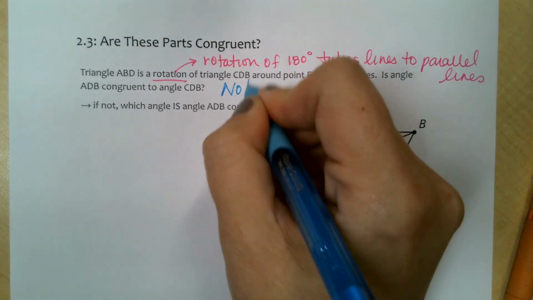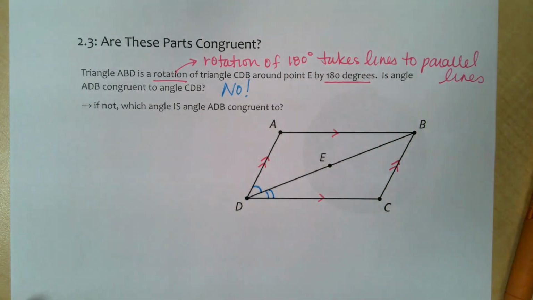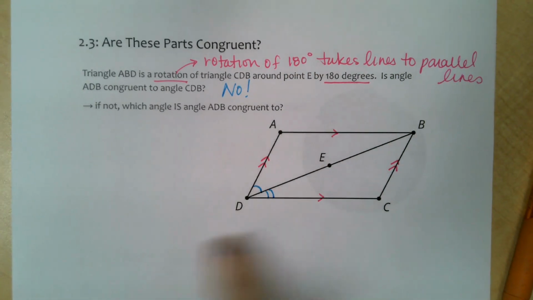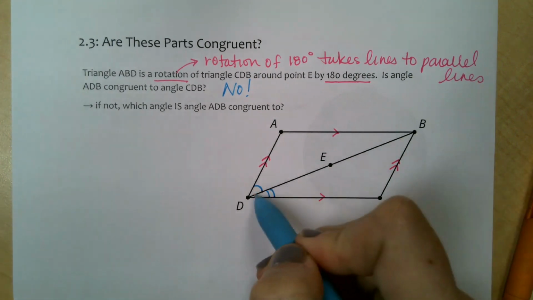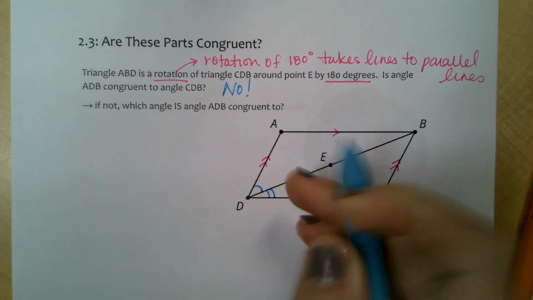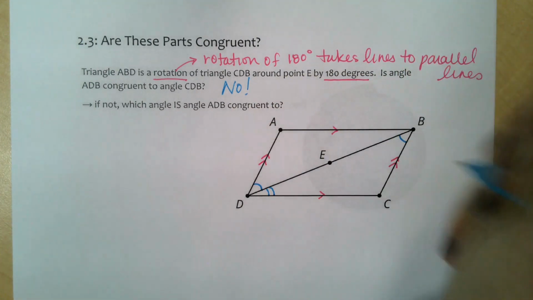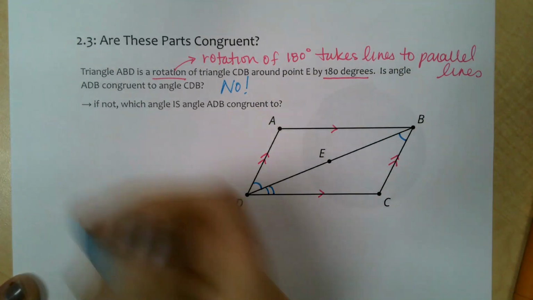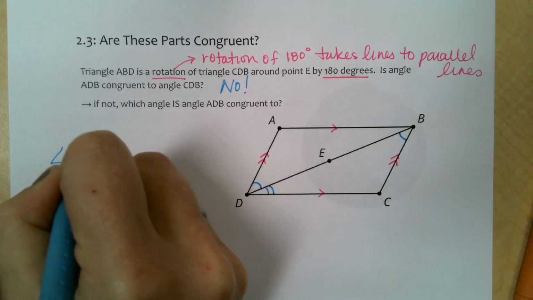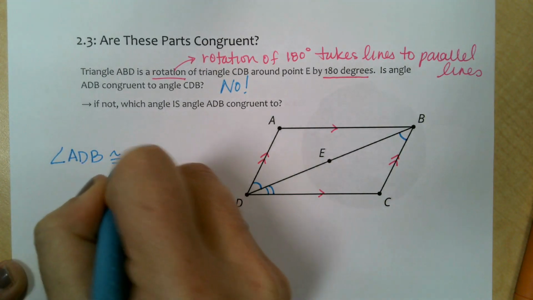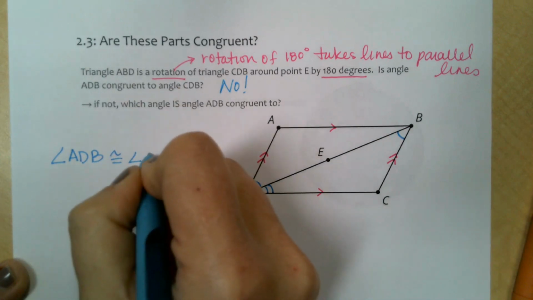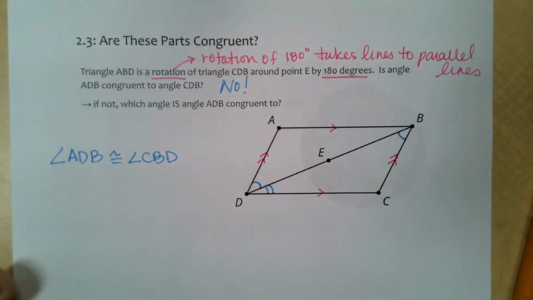And it wants to know if those are going to be congruent to each other. And the answer is no. So I'm going to make 2 marks here. And that's because they are not like alternate interior. If I take this angle, and you could even use patty paper, and I rotate it all the way around, it is going to line up right there. So I can say that angle ADB is congruent to angle CBD, okay?